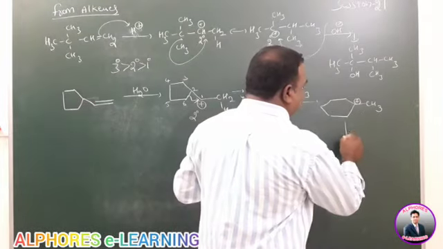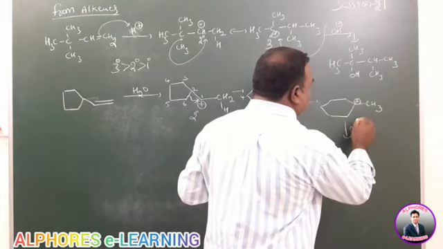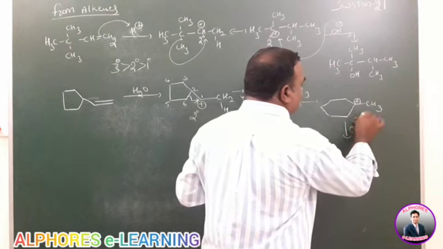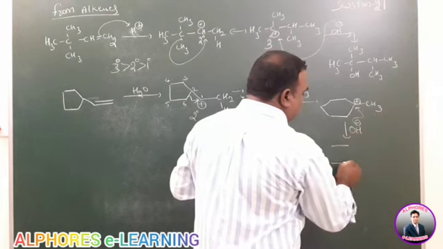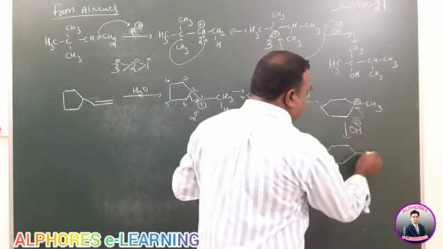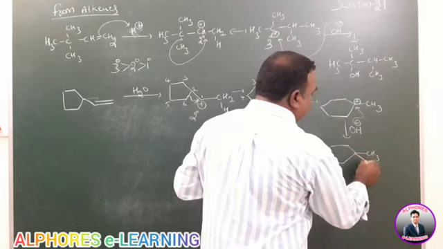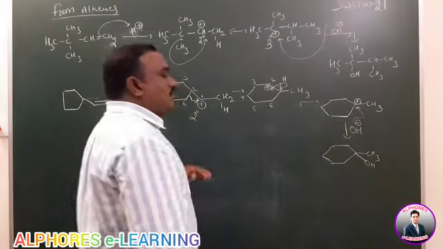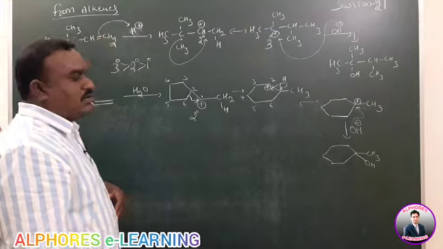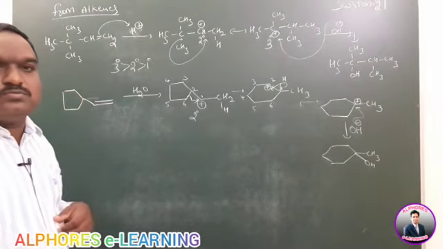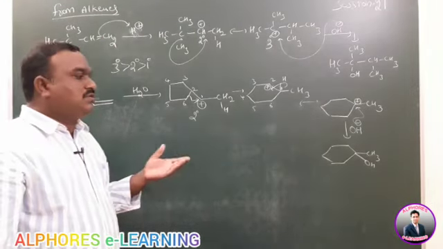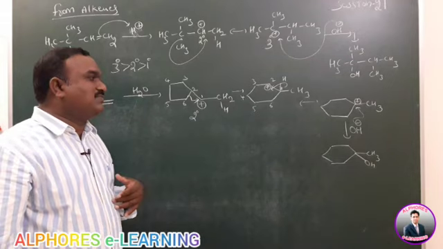Now the next step is the nucleophile attacking step. The OH minus is added to this one, then forms the 1-methyl 1-cyclohexanol compound here.